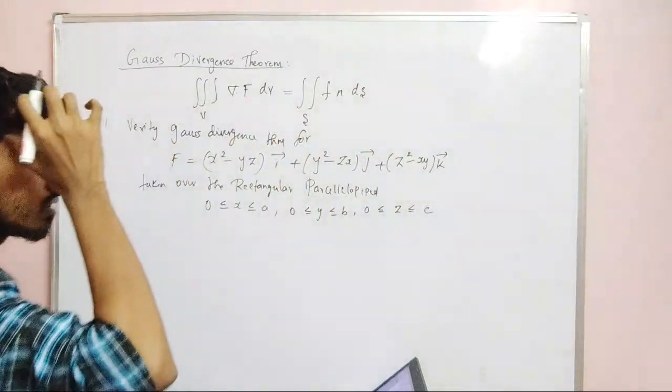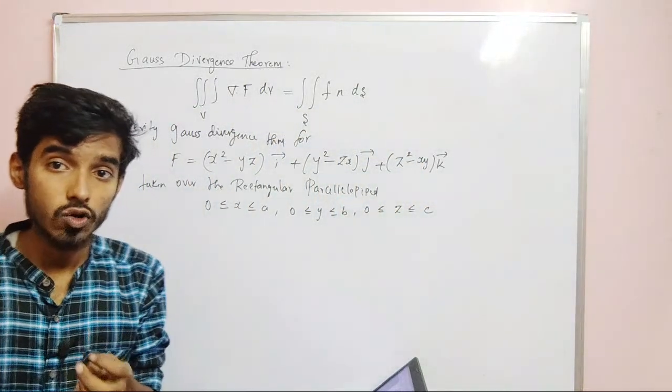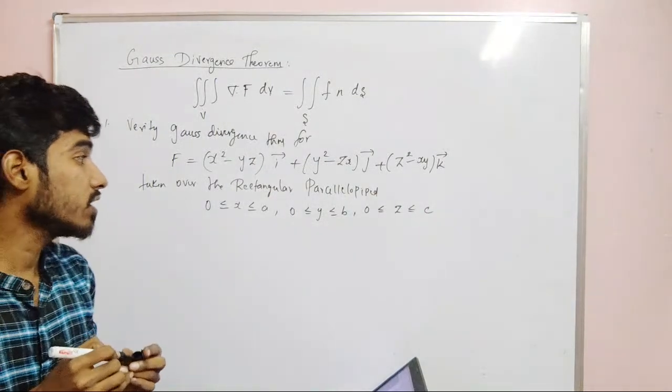So they are given bounds for the parallelepiped, right? Yes. So we need to verify Gauss divergence theorem.